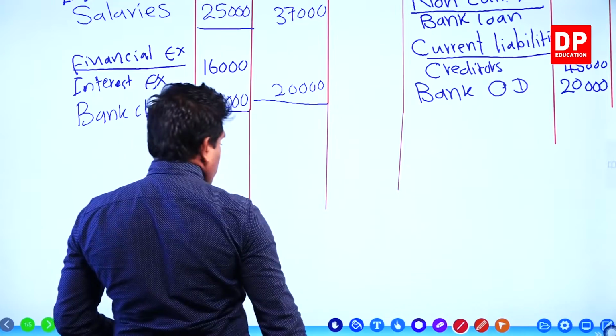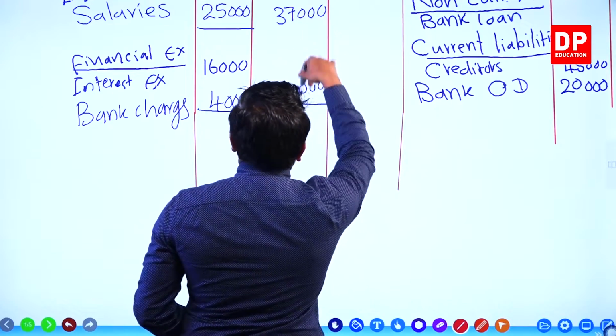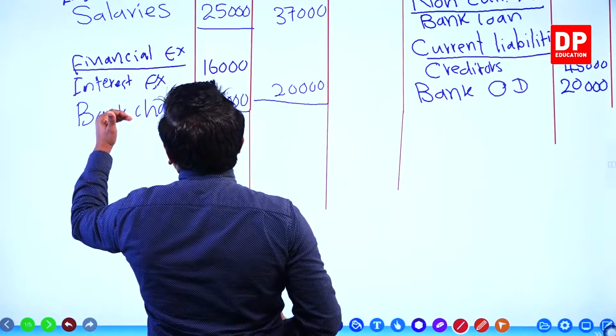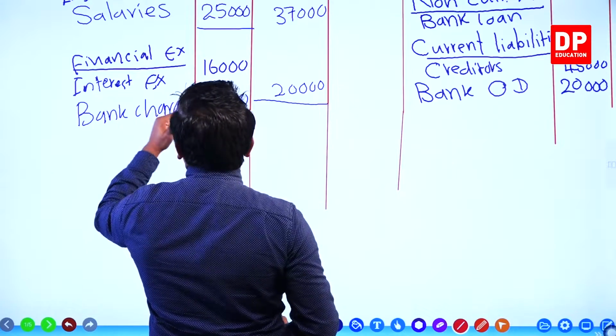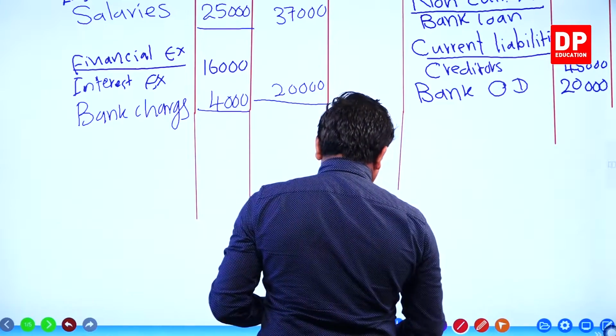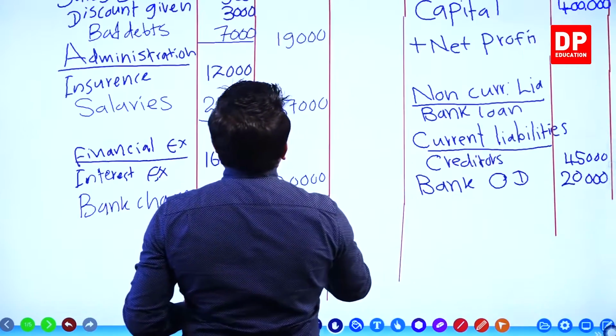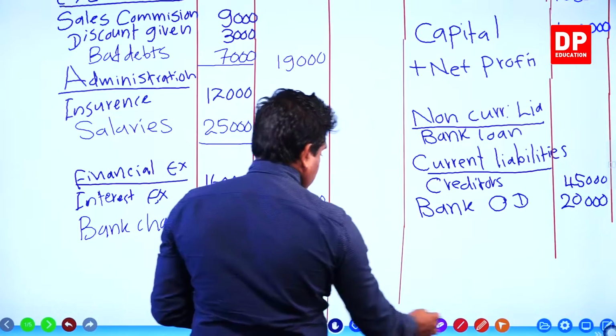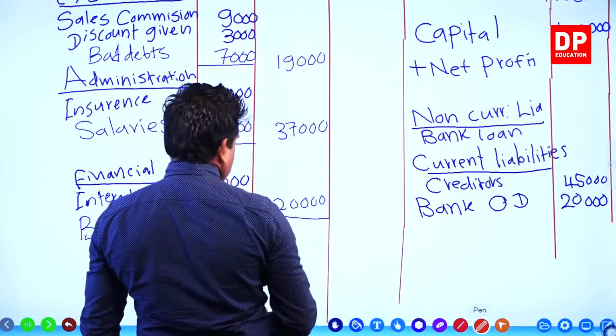Now you have to bring this total to the third column. This total means the total of all the expenses you bring to the third column, right? Now here 19,000, here 37,000, here 20,000. Then you get the total of this.